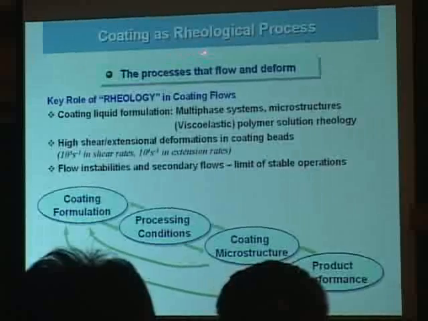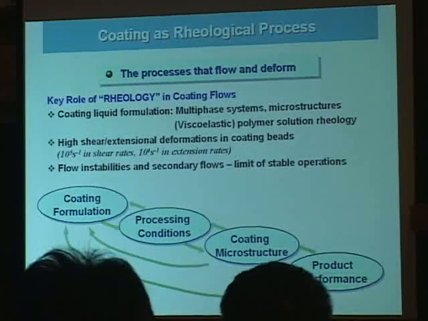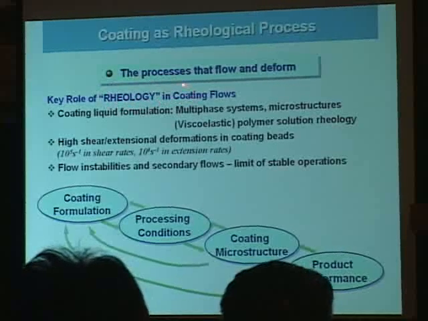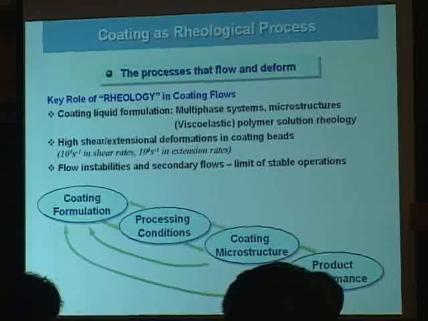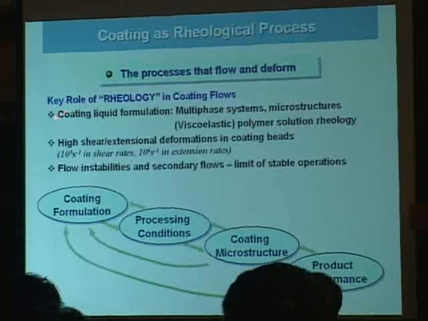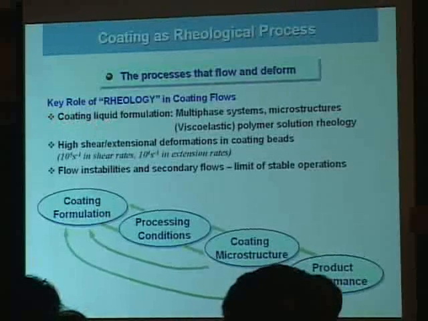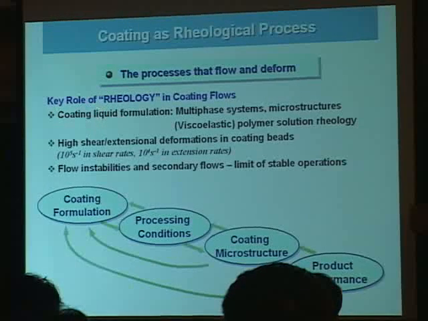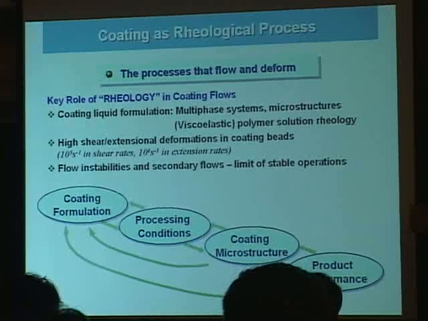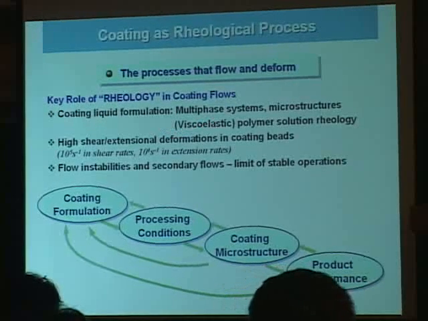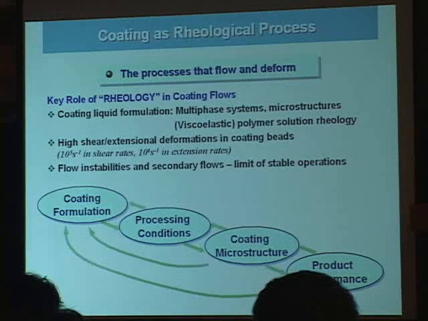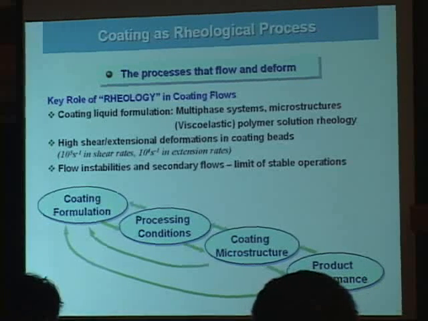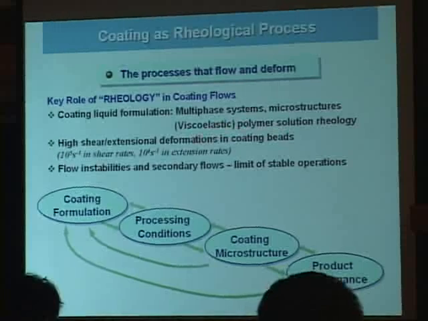Coating is a kind of rheological process dealing with the flow and deformation of coating liquids. Actually, rheology plays a key role in controlling coating flows because the coating liquids are seldom Newtonian. Typically, slurries, suspensions, or viscoelastic polymer solutions are used in the coating industries.